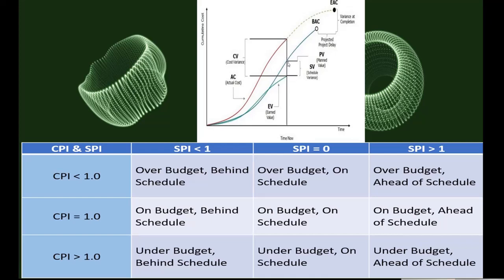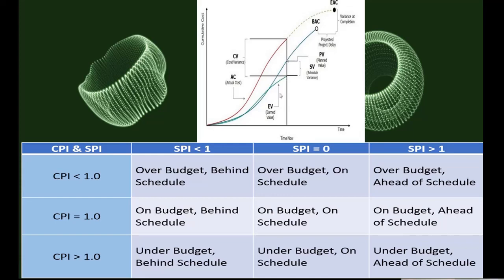If they ask what is SV, it is EV minus PV, 40,000 minus 50,000, so schedule variance is minus 10,000. If they ask cost variance, it will be 40,000 minus 60,000, minus 20,000. Minus is not good, right? Minus is bad.